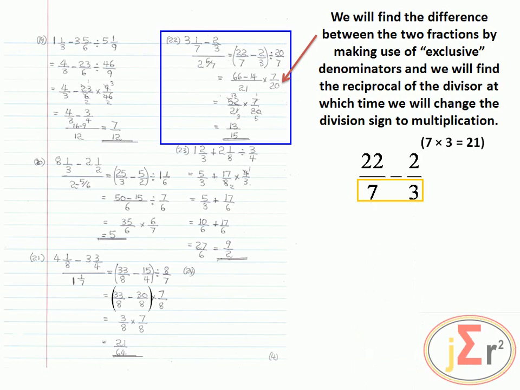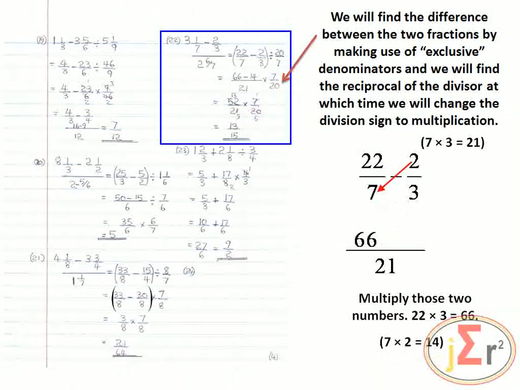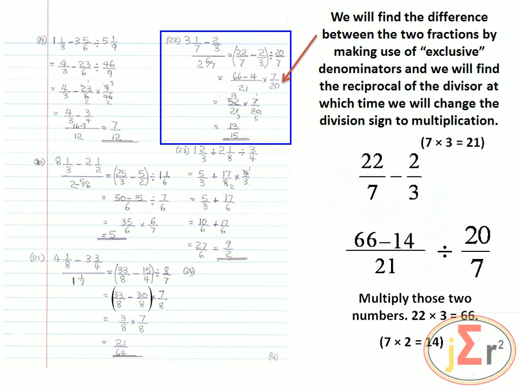The new denominator will be the product of those two. Then 22 times 3 is 66. Then 7 times 2 is 14. And then we have the divisor right here, which is 20 over 7, and we will invert and multiply.